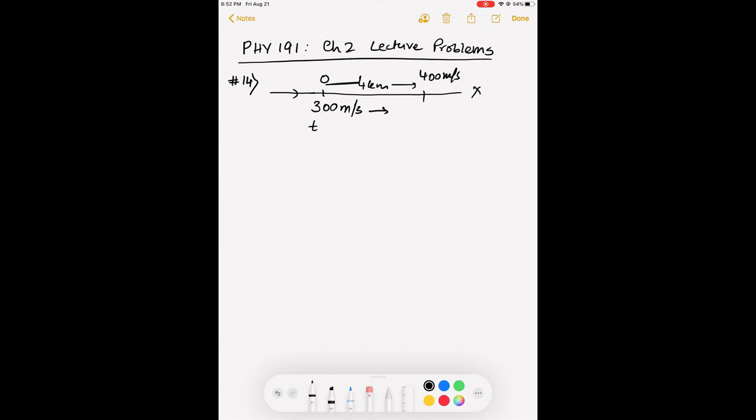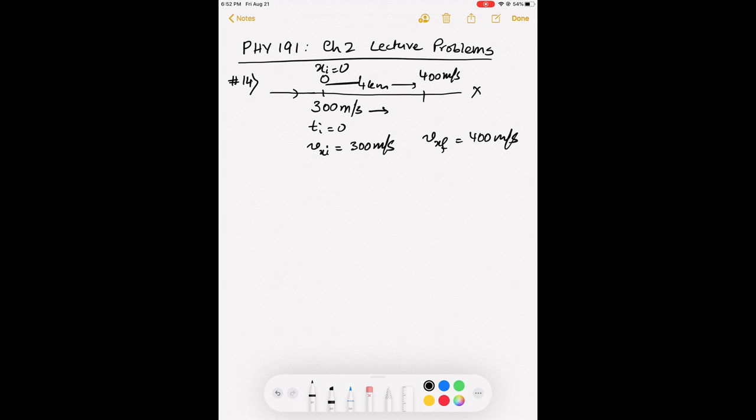So we are given ti to be t equals 0. We are given also that xi equals 0 because they both coincide with the origin. We also are given vxi to be equal to 300 meters per second, and we are also given that vxf is equal to 400 meters per second.